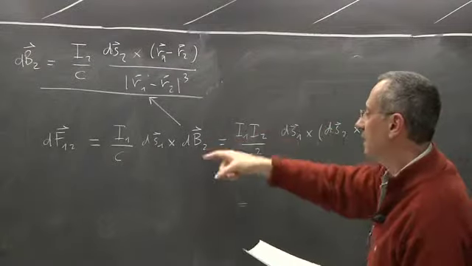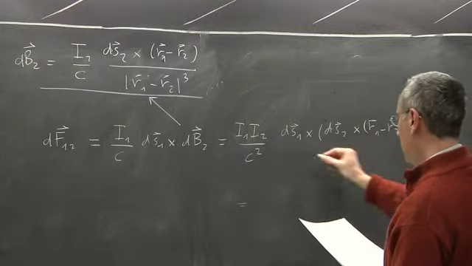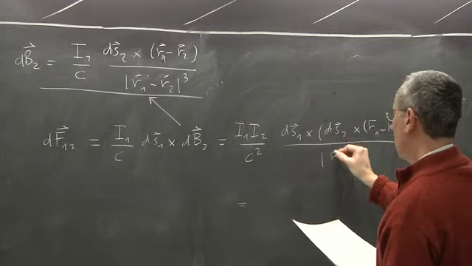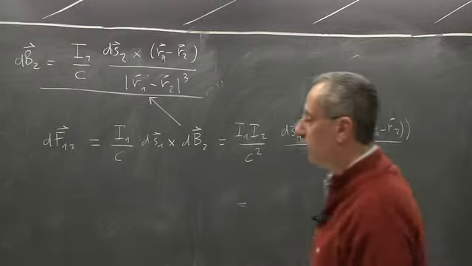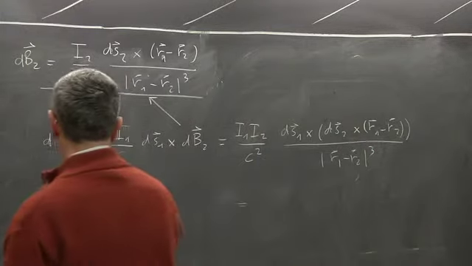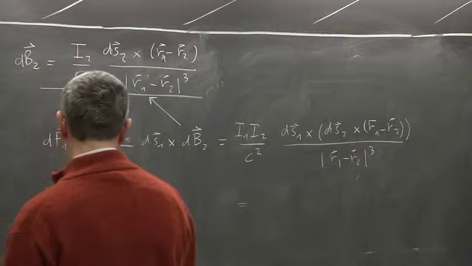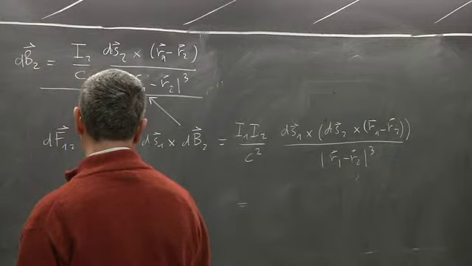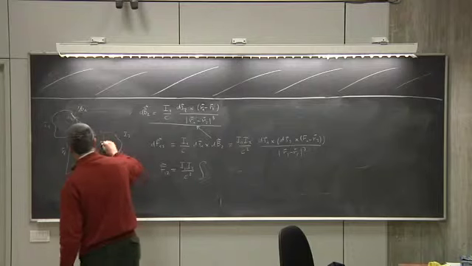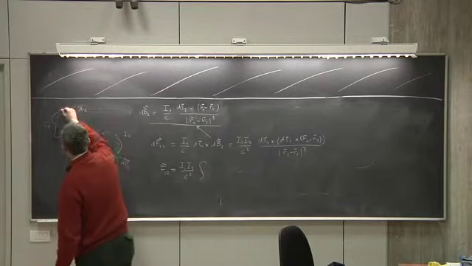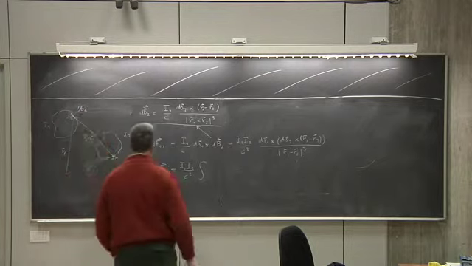So I'm plugging this in there, so I get this term, and then this cube downstairs. To make a long story short, I get that this force is proportional to this factor. Then I have to integrate along this loop to get the B field, and then for the net force I have to integrate over the other loop.